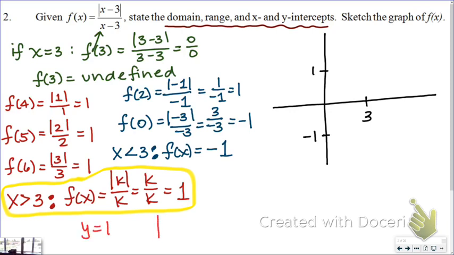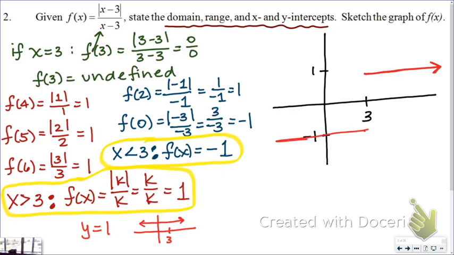What does the graph of y is 1 look like? Well, that's a horizontal line at 1, right? But we only want that graph when x is greater than 3. So I only want that graph over there. And then anytime x is less than 3, y is negative 1. Let's draw that a little more nicely. There we go.